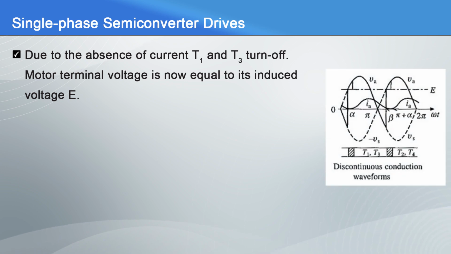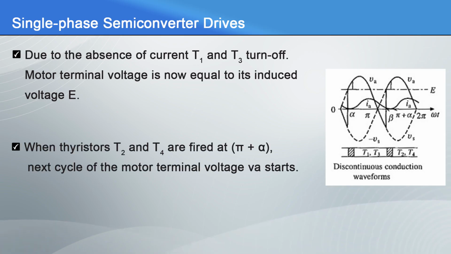Due to the absence of current, thyristors T1 and T3 turn off. The motor terminal voltage is now equal to its induced voltage E. When thyristors T2 and T4 are fired at pi plus alpha, the next cycle of motor terminal voltage Va starts.